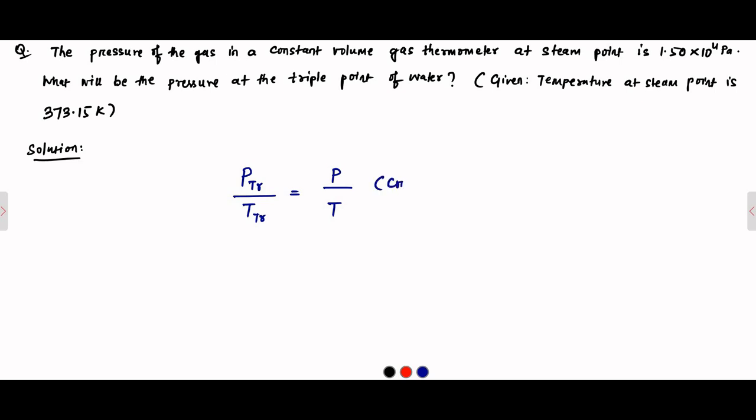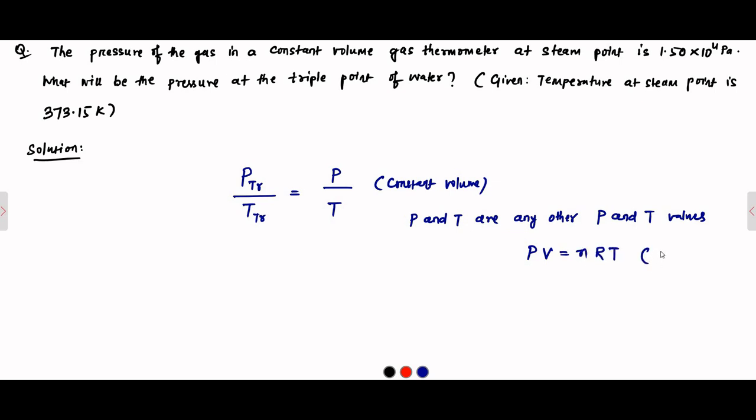This relationship always stays, where P and T obey the ideal gas equation PV equals nRT, where volume is constant. This is the important thing.